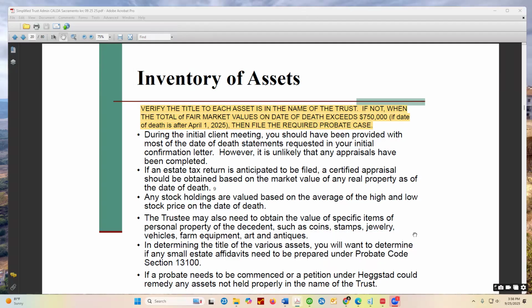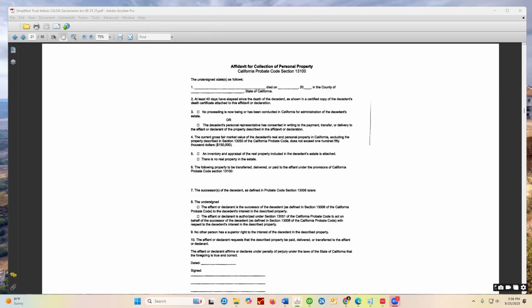However, if the asset was indicated in the trust as being a trust asset, the courts have a case called the Heggstad petition, which tells the court that, Your Honor, this property was in the trust. It's labeled as intended to be in the trust. The owner forgot to put the title back into the name of the trust. So we're requesting a court order to put the name of the property in the trust, and thereby avoiding the cost and delays of having a complete probate situation.